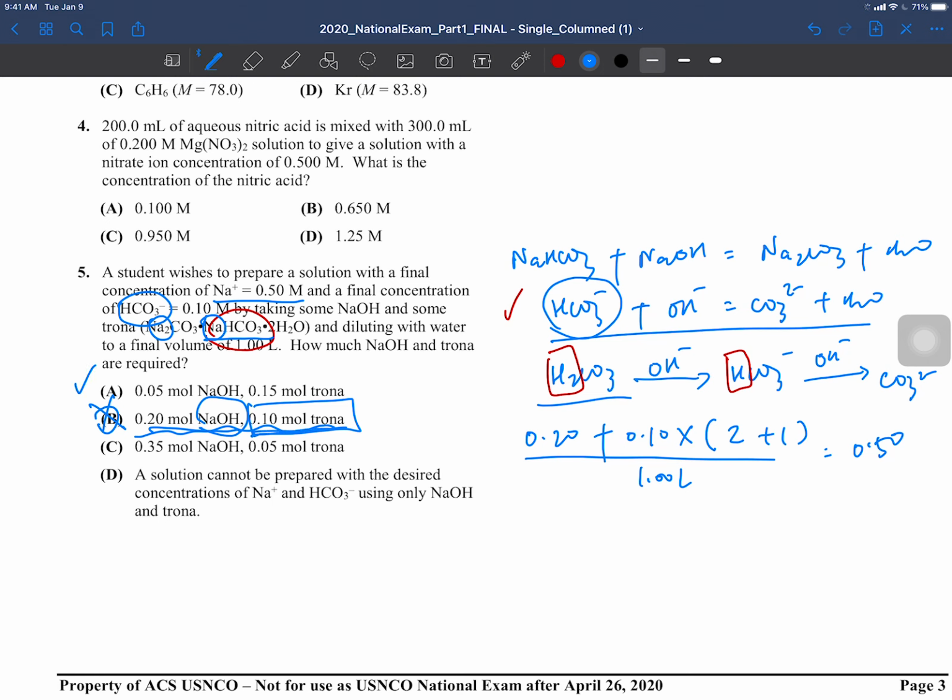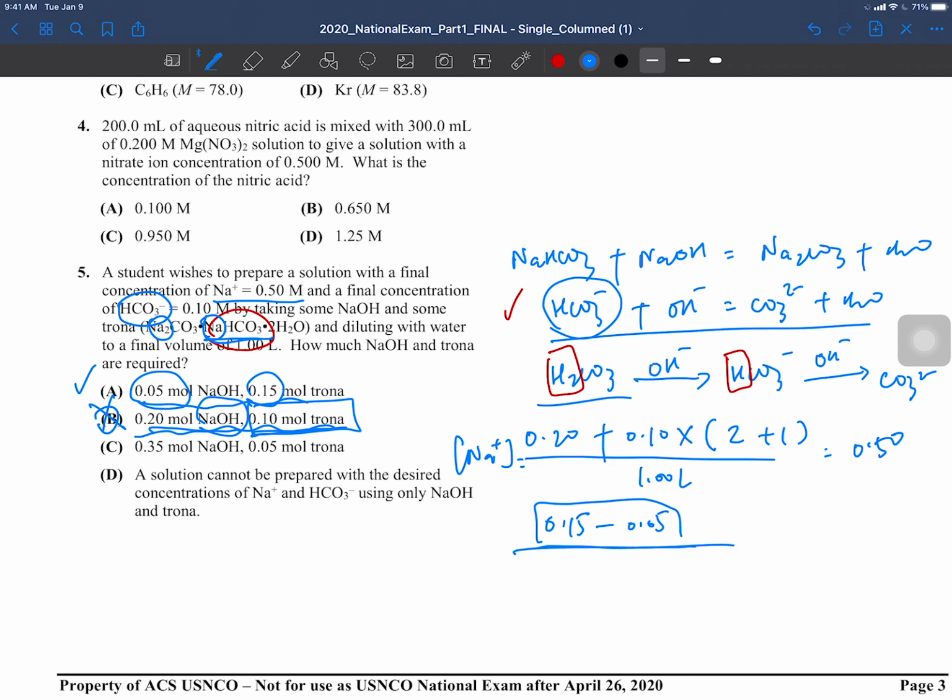Is A the correct answer? Okay, good. Let's directly analyze A. So I think you guys can work on the sodium plus, okay? I think this is pretty straightforward. We can skip it. We will focus on the bicarbonate. So we have 0.15 of sodium bicarbonate initially, and then there is 0.05 mole of sodium hydroxide, which means by working on the subtraction, we will get the remaining sodium bicarbonate, right?